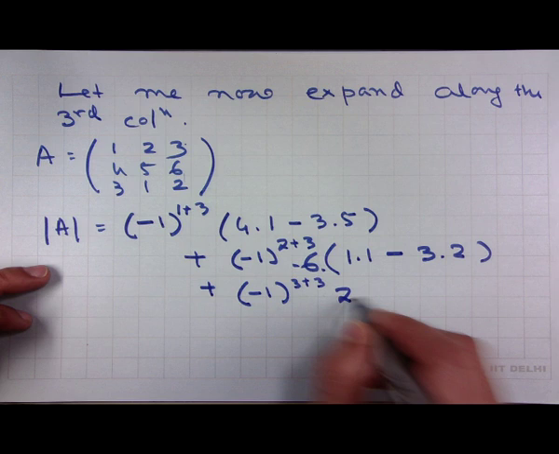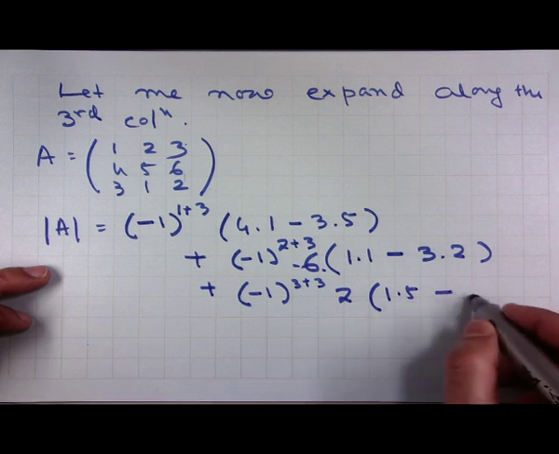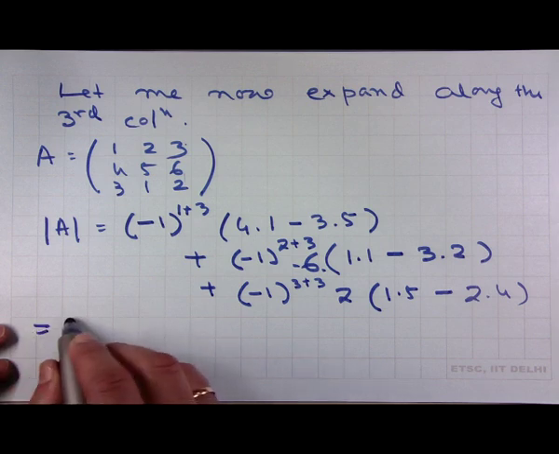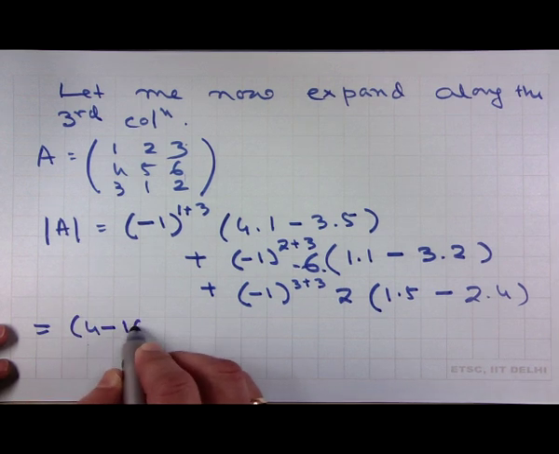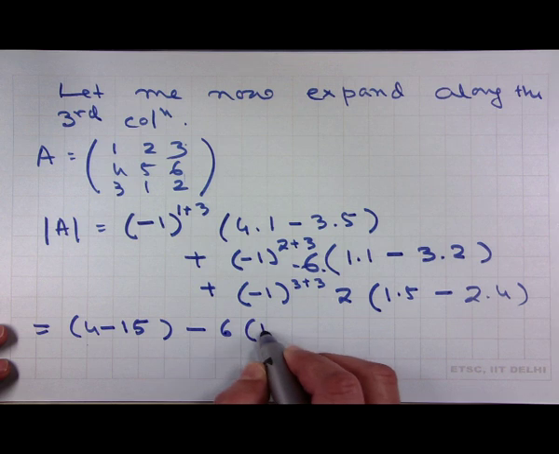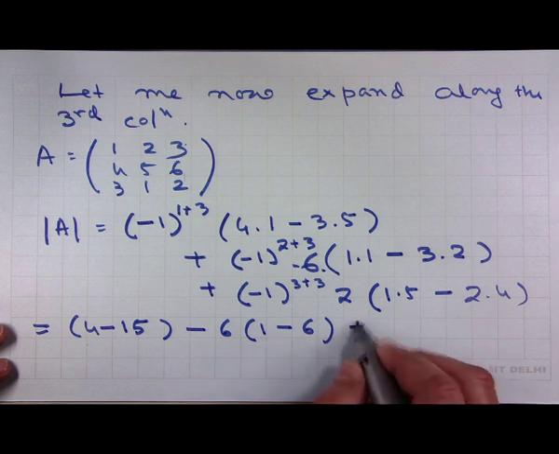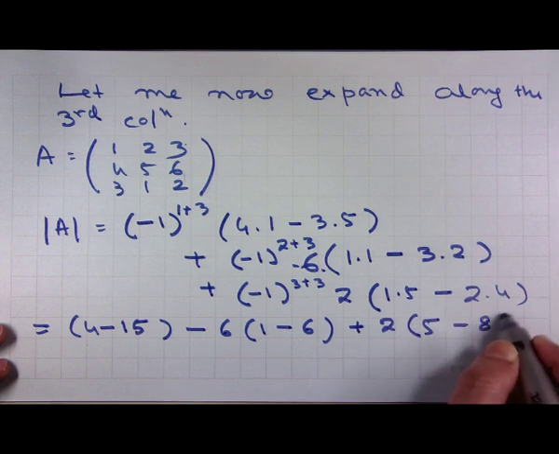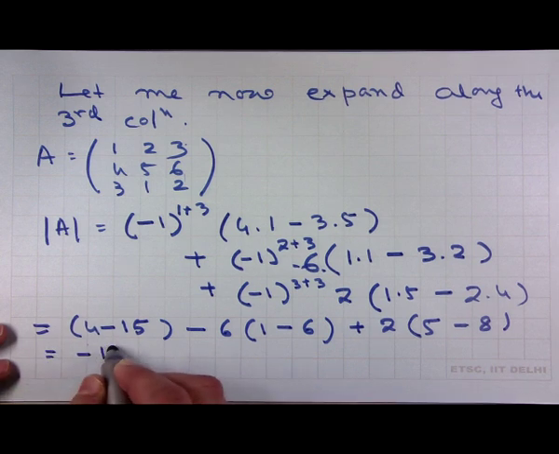that element is 2 multiplied by 1 dot 5 minus 2 dot 4 is equal to, this is 1, therefore, 4 minus 15, this is minus 6 into 1 minus 6 plus 2 into 5 minus 8 is equal to minus 11.